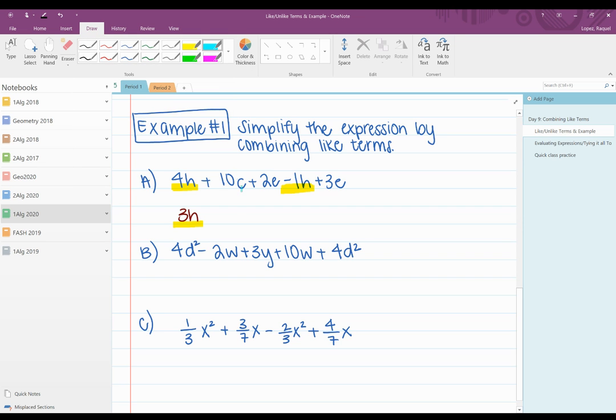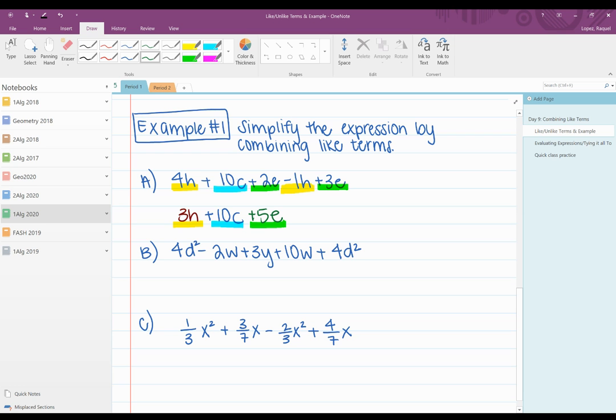Now I've got a 10c here, and if I look at the rest of my expression, I don't have another term that has a c in it, so I'm going to bring down that 10c. And then I'm going to take care of my e. I've got positive 2e here, and then plus 3e here. So 2e plus 3e gives me 5e.